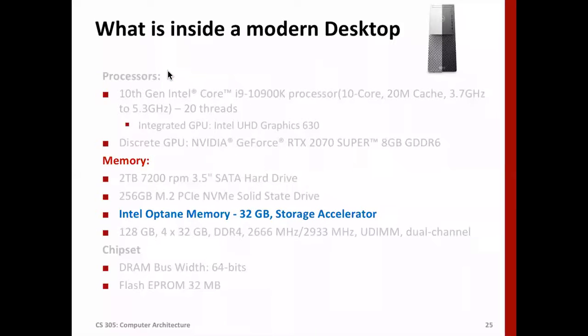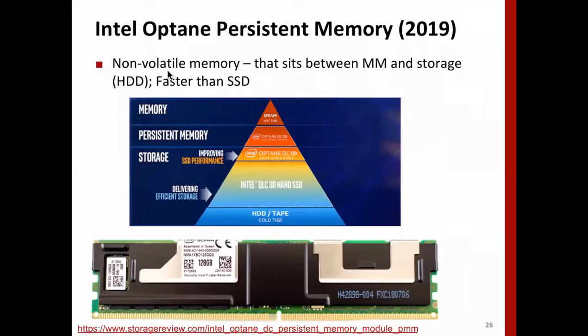Apart from that, we also have something called Optane persistent memory. Again this is non-volatile. Now this is a new kind of memory that's coming up. Intel is not the only company that has developed it, but it is still becoming popular.